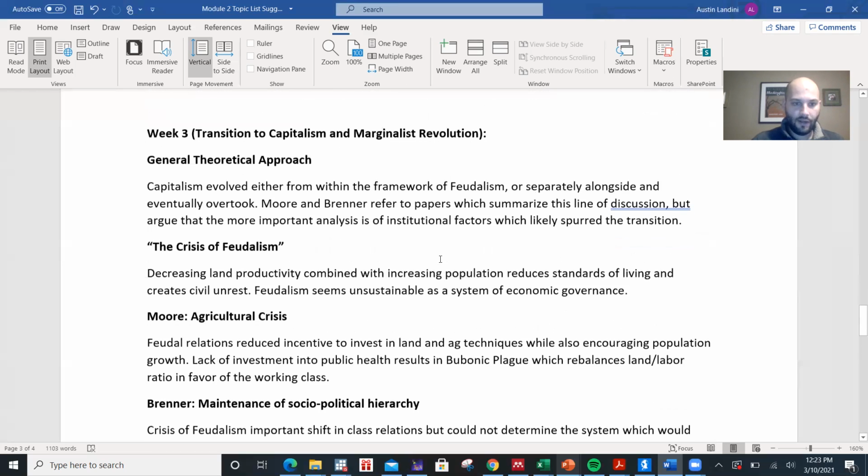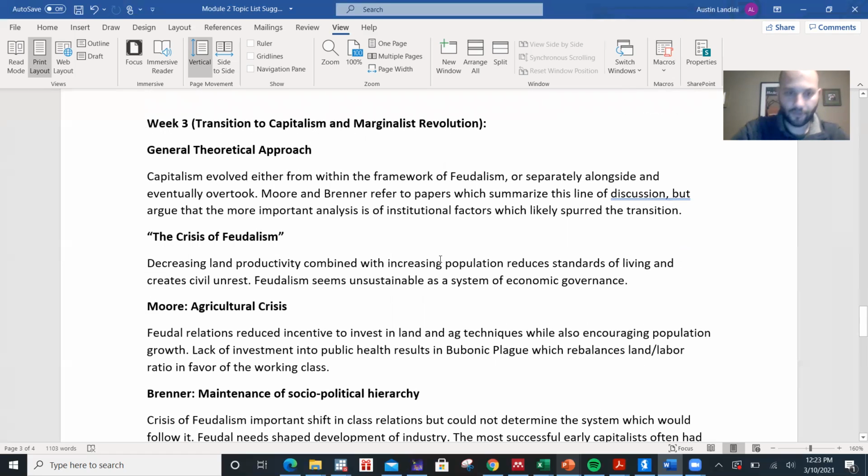In week 3, we have theories on the transition to capitalism and separately what we call the marginalist revolution, or marginalism in economics, which is responsible for the majority of what you might consider microeconomics, 202, 306 material.